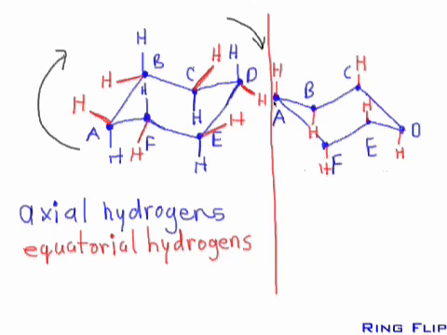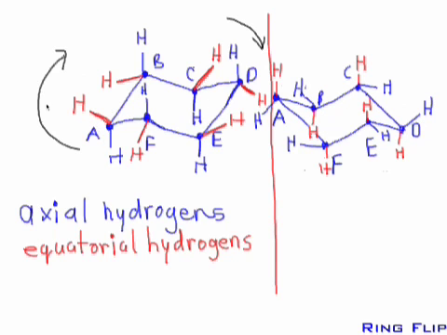All of the blue axials now become your equatorials. So all of the blue axial hydrogens end up becoming equatorials.